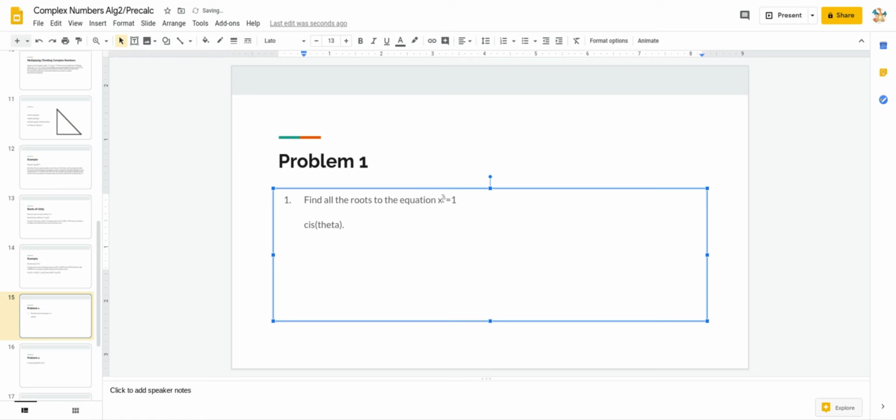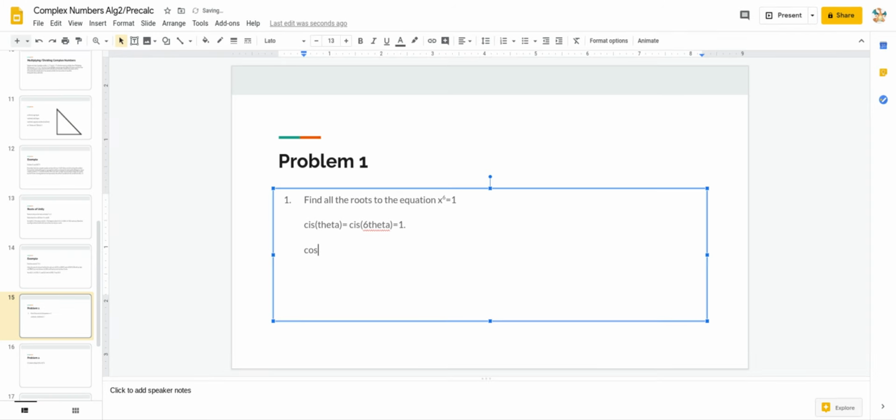So if we assume our roots are cis theta, then if we do x to the power 6, we're going to get cis 6 theta. And this should be equal to 1. So cis 6 theta is equal to 1.